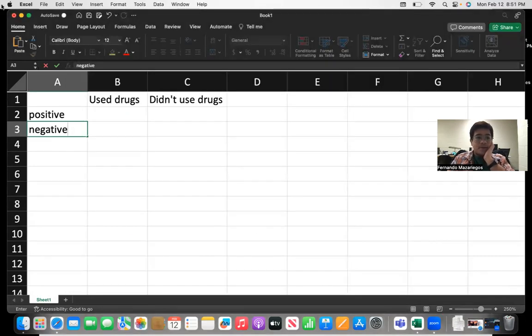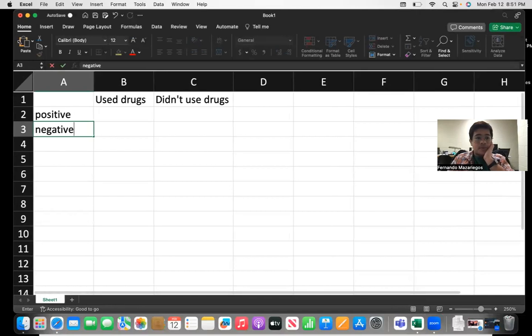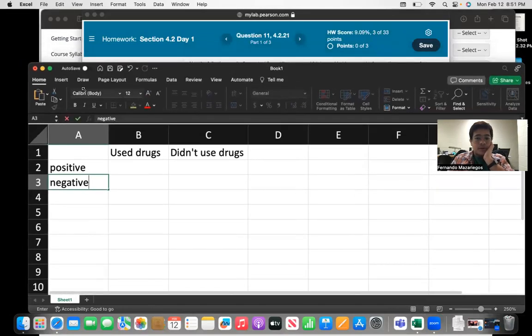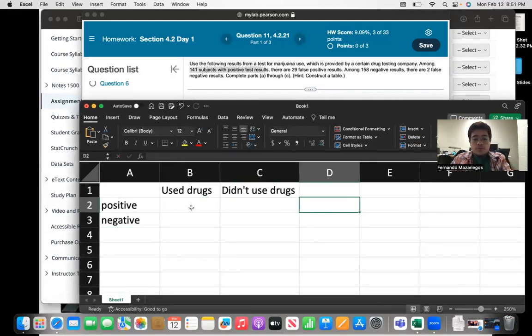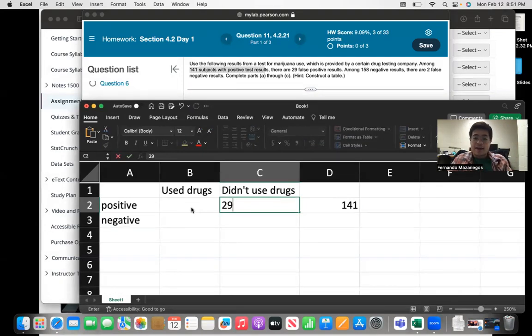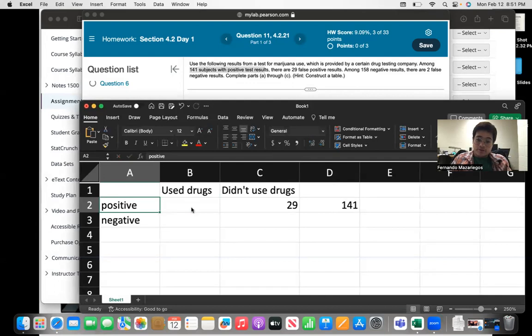Let me see if I can make this a bit smaller so that we can read that information. There we go. So we have 141 positive test results, and out of those, 29 are false positive. What does that mean? It means that the result is positive, but they didn't use drugs. That's why it's false positive. So we have 29 subjects in this category. These got a positive test result, but they didn't use drugs.